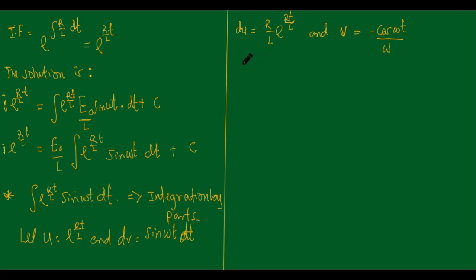Now recall that from integration by parts, the integral of u dv is equal to uv minus the integral of v du.